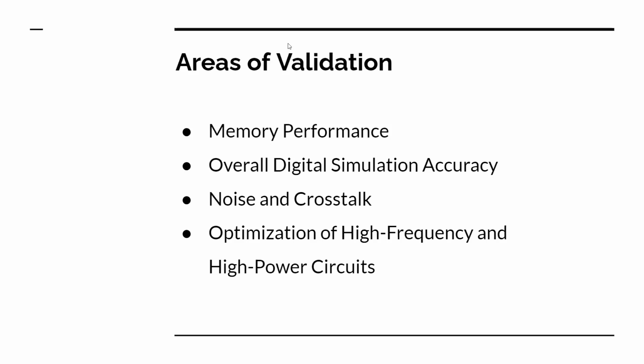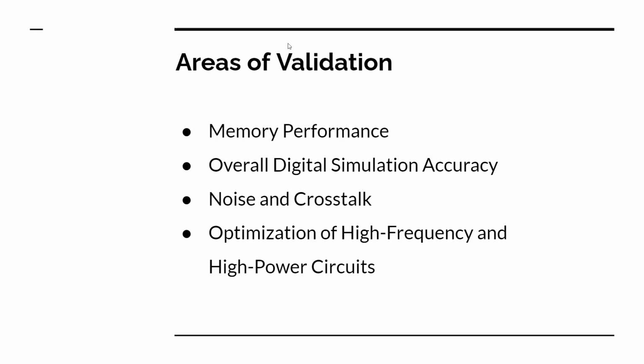First, we have memory performance, where you want to check the speed of reads and writes in your circuit. You generate a memory module, then test the speed and the accuracy of your device. You simulate in the simulation software to check the speed of reads and writes on your memory module.